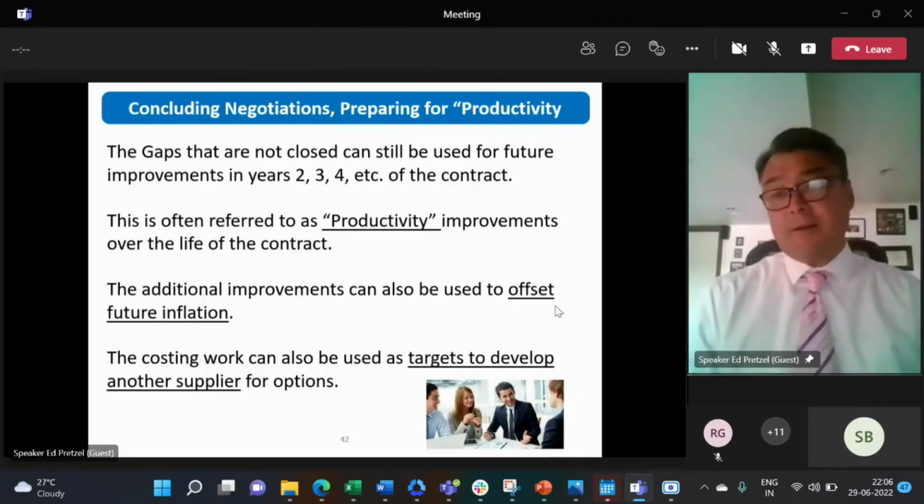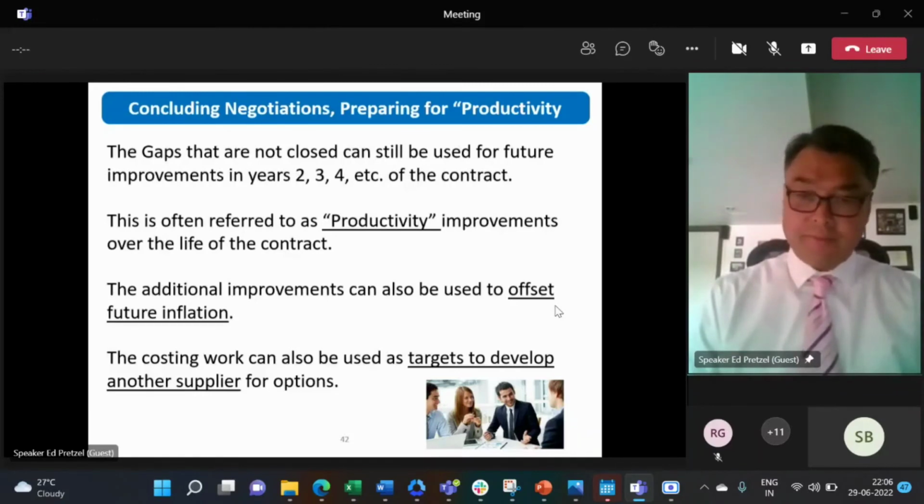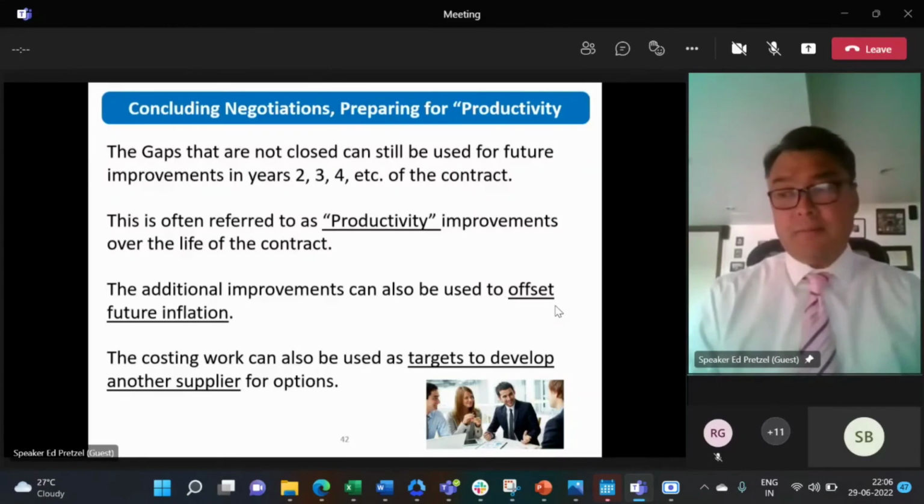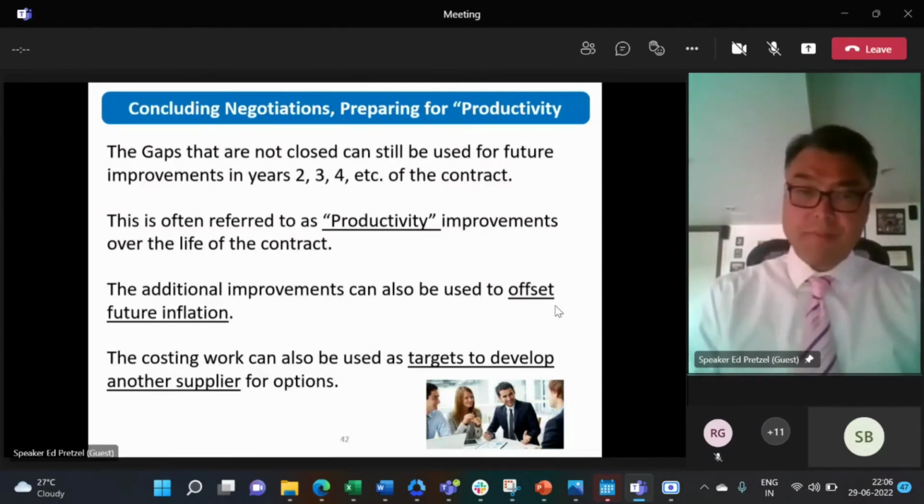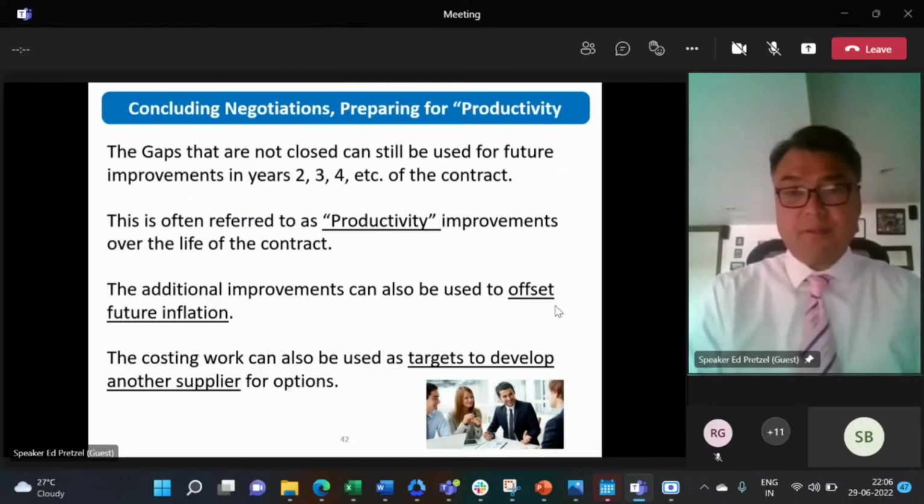If there are gaps that are not fully closed, then we always recommend that you shift into what we call productivity improvements. If the part's going to be produced into the future, we would ask that the full savings or offset be implemented, or whatever portion of that offset is, over some period of time, if possible.